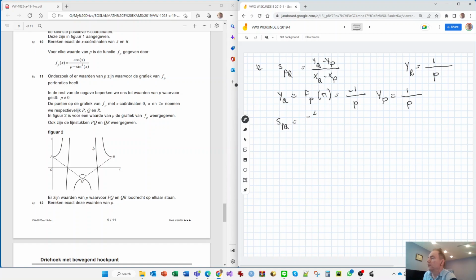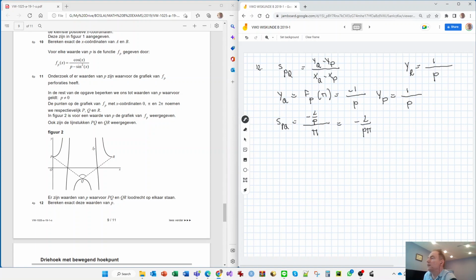So that's minus 2 over p divided by delta x. This is at pi, so the delta x is pi. So it's minus 2 divided by p pi.